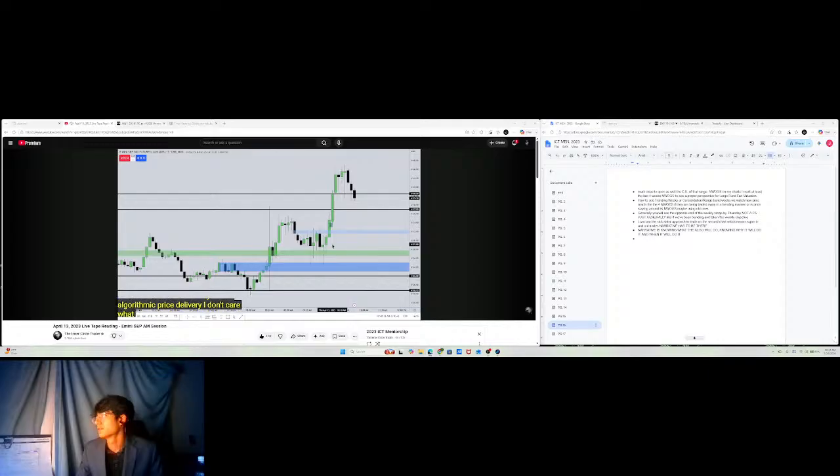I don't care what anybody says about Renko bars and all kinds of other crap. Okay, all that stuff is hiding what I'm going to show you. So if you want to be hidden from understanding why price is going to do it, when it's going to do it, keep using anything outside of a time-based chart. Keep doing that.